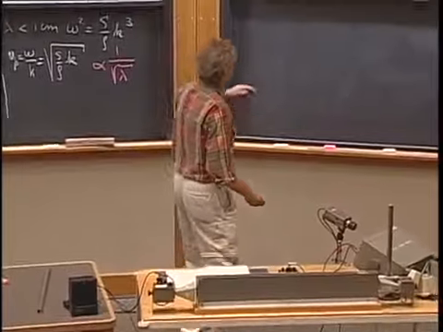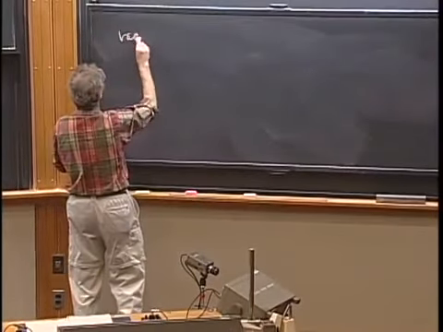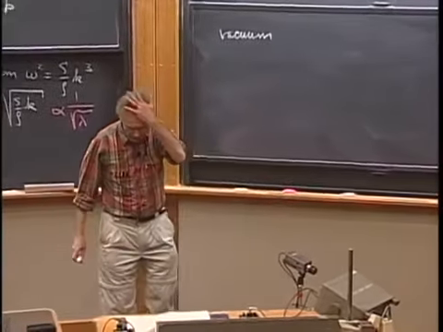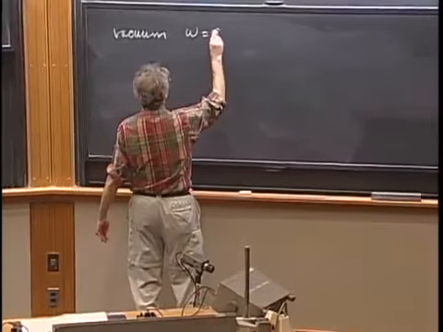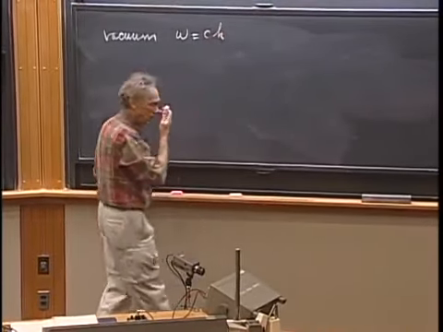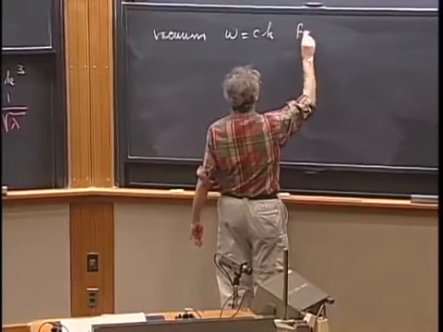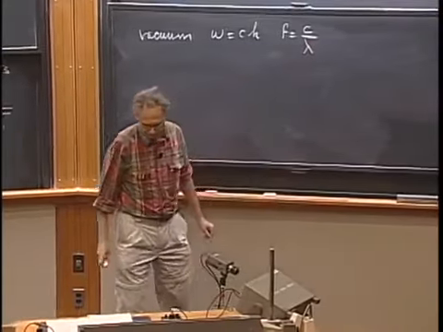So in free space, that means in vacuum, electromagnetic waves are non-dispersive. Omega equals c times k. That's a non-dispersive relationship. So the frequency of electromagnetic waves is c, the speed of light, divided by lambda.